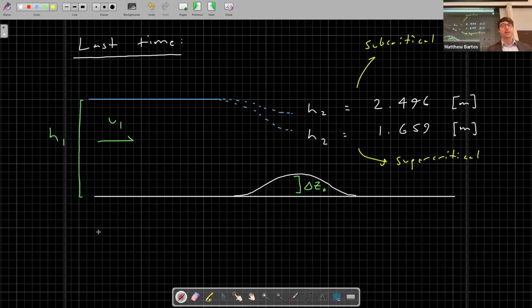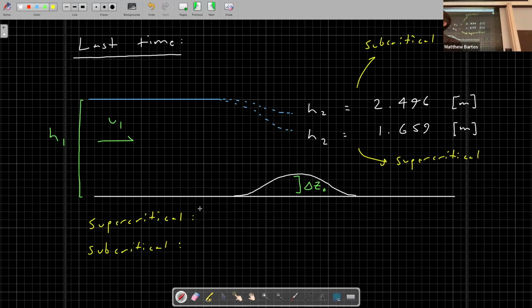So can you remind me, what are some characteristics of supercritical versus subcritical flow? If you were to describe supercritical flow, just in plain English, how would you describe it? How is it distinct from subcritical?